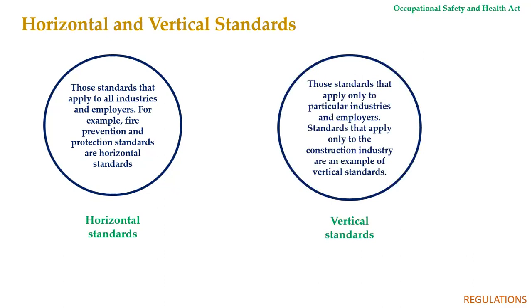Vertical standards are those standards that apply only to particular industries and employers. Standards that apply only to the construction industry are examples of vertical standards. So if the standards are specific to the nature of the industry, they are called vertical standards, and the standards applicable to all industries are horizontal standards.